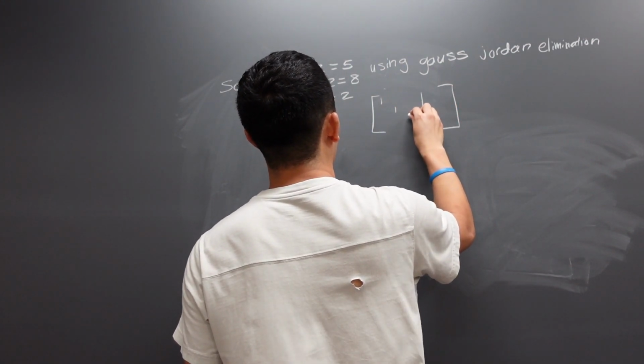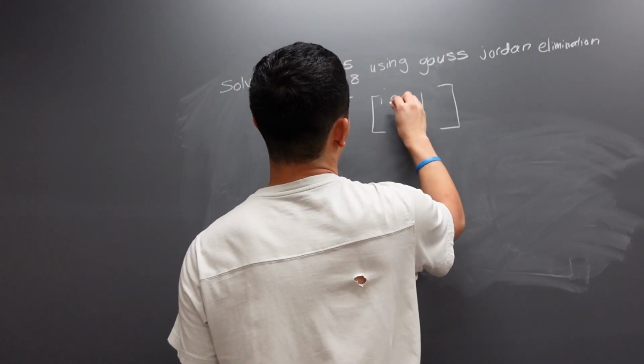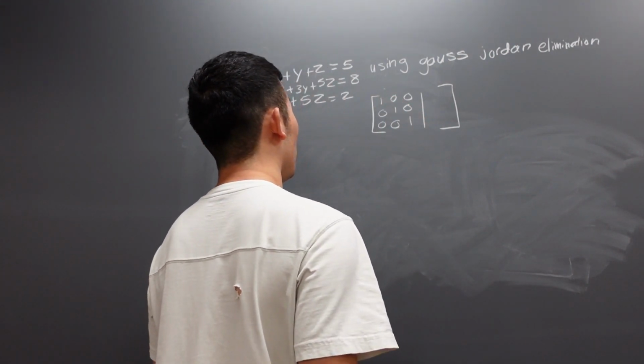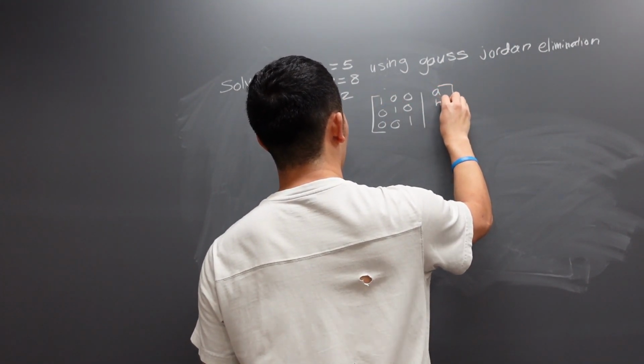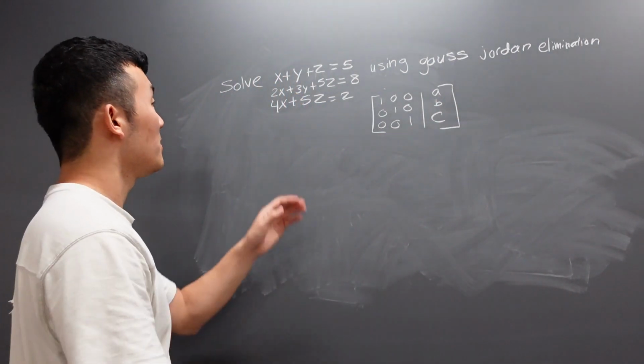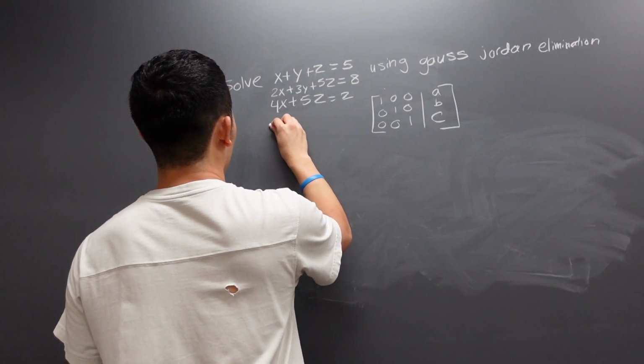You have ones on the diagonal, zeros on the upper triangular part and zeros on the lower triangular part, and you have some constants A, B, and C. So we're trying to get it into this form. So let me rewrite this system of 3 linear equations.